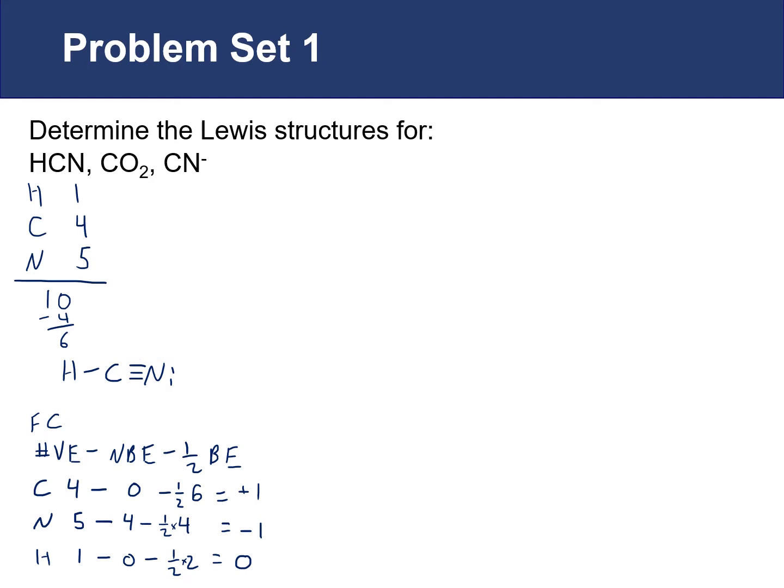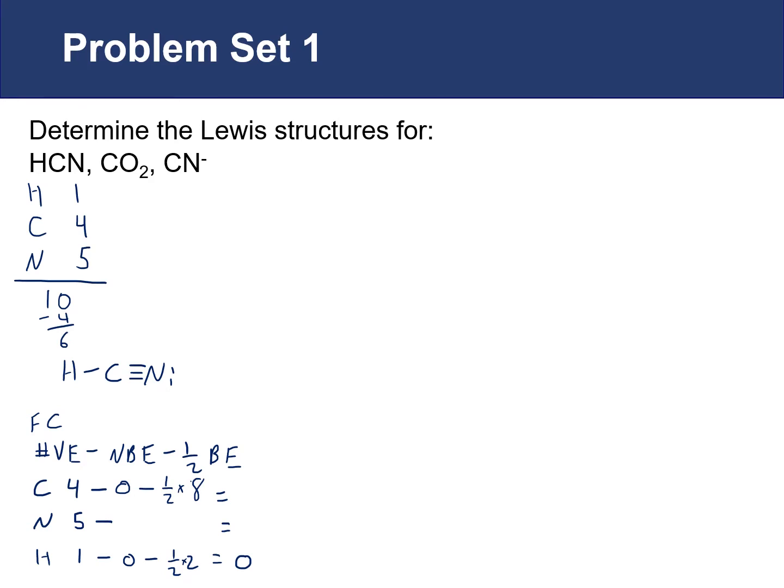And we will now recalculate our formal charges. For carbon, we still have 0 non-bonding electrons, minus we now have a triple bond. So we have a single bond and a triple bond, which means that we have a total of 8 bonding electrons.